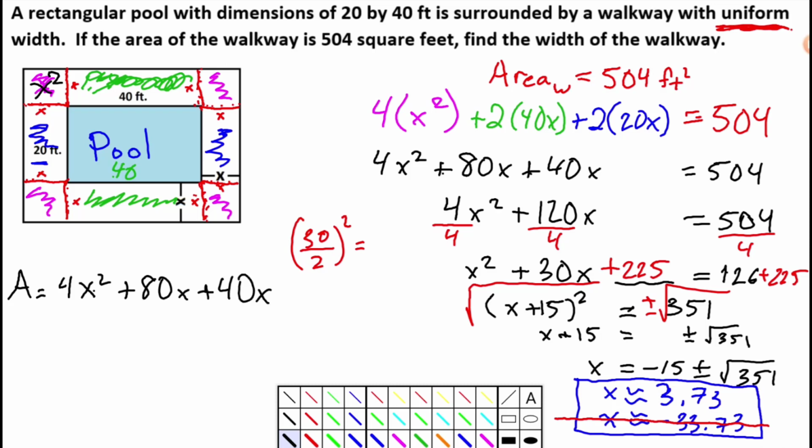Now that would give you the area of the walkway. And again, we simplified that a little bit, and we had 4x squared plus 120x. Now, we just said that the answer for this problem, the walkway, needs to be basically 3 3/4 feet. So I'm going to check that as an answer because I want to see what that gives me when I solve this problem.